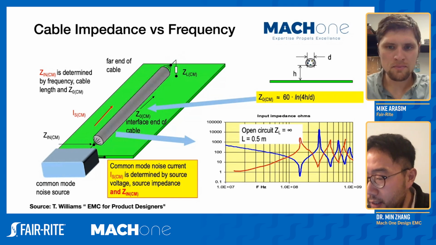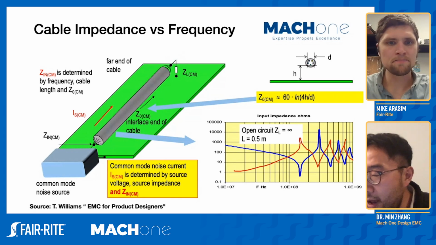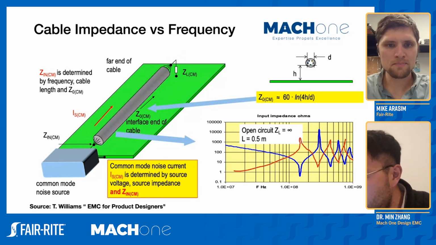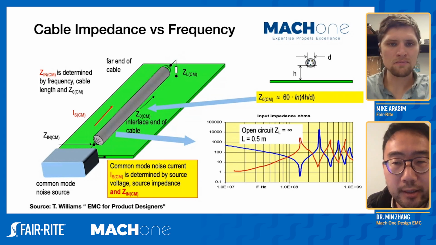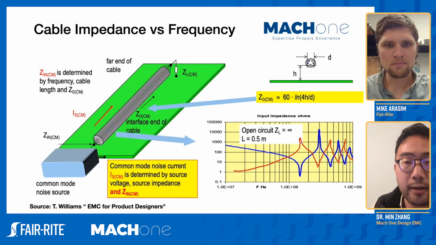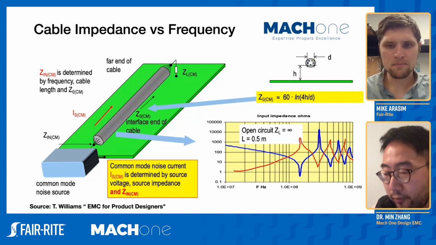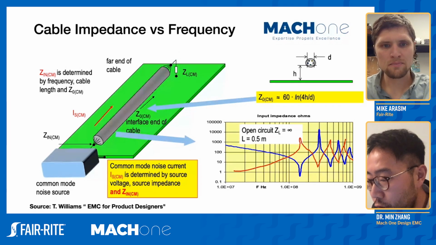But because the impedance always varies with frequency, it presents a big challenge when we try to use Fair-Rite. I guess this slide really shows you what we mean.